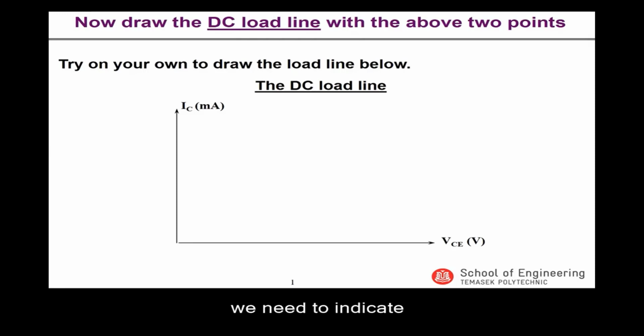Before we do so, we need to indicate where the IC sat and VCE off points are. The 2.44 mA current lies on the y-axis and is the IC saturation current. The 10 volts lies on the x-axis and is the VCE off voltage.